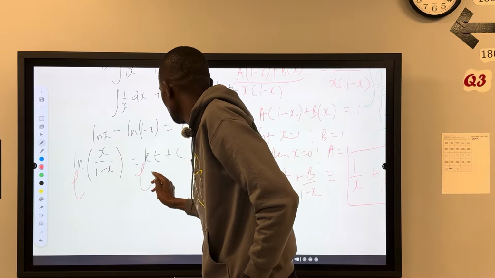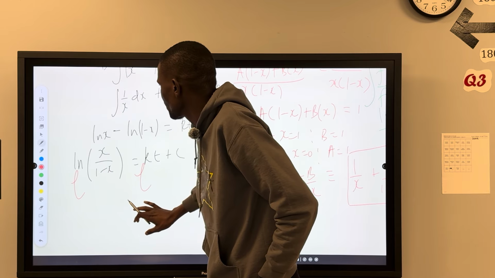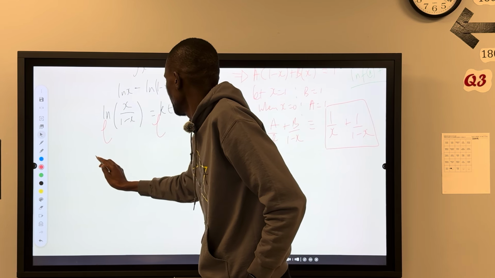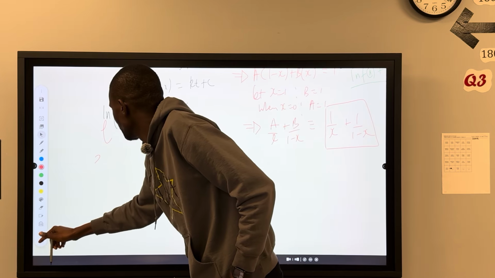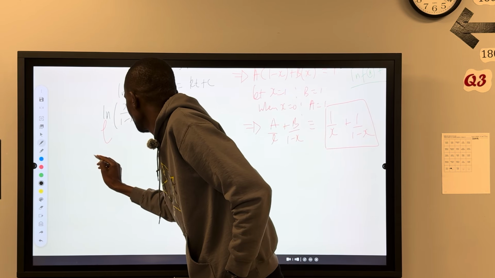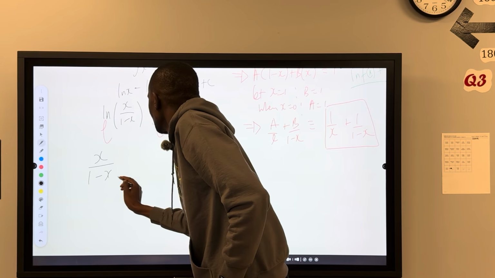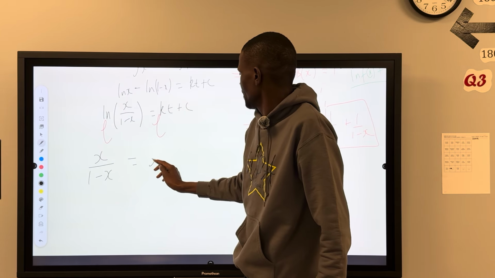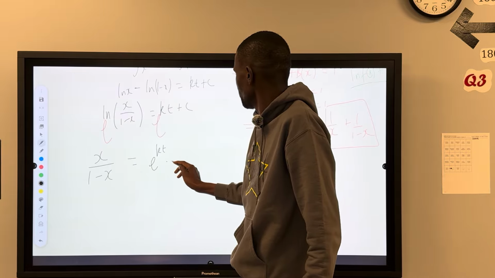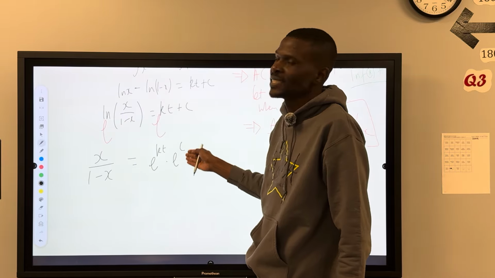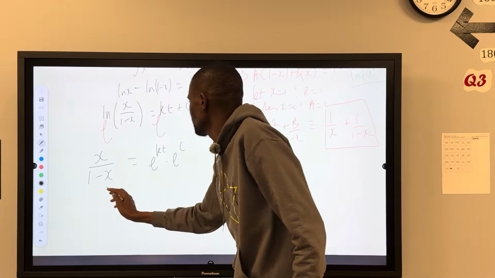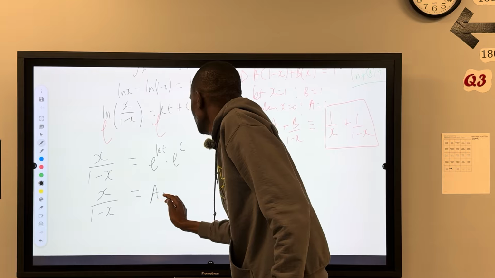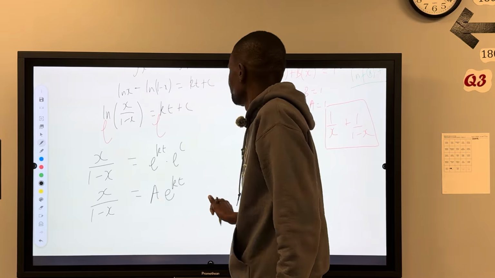If I raise everything to the power of e, it's going to be x over 1 minus x equal to e to the kt multiplied by e to the c, but this is just a constant, so you can say x over 1 minus x is equal to a e to the kt.